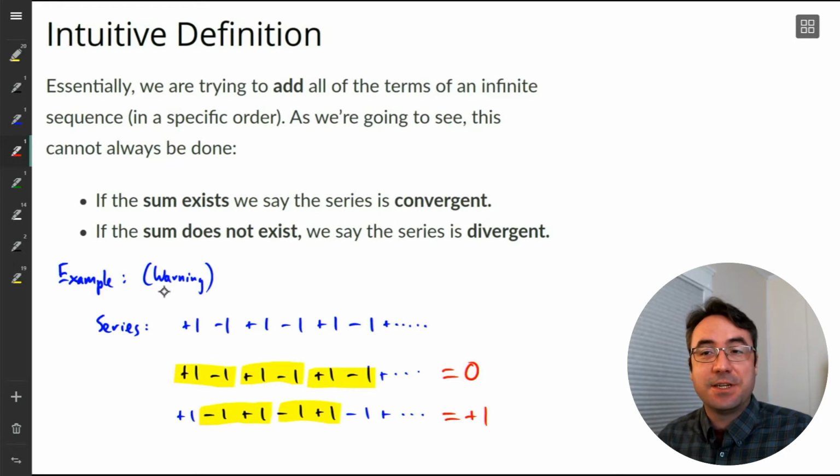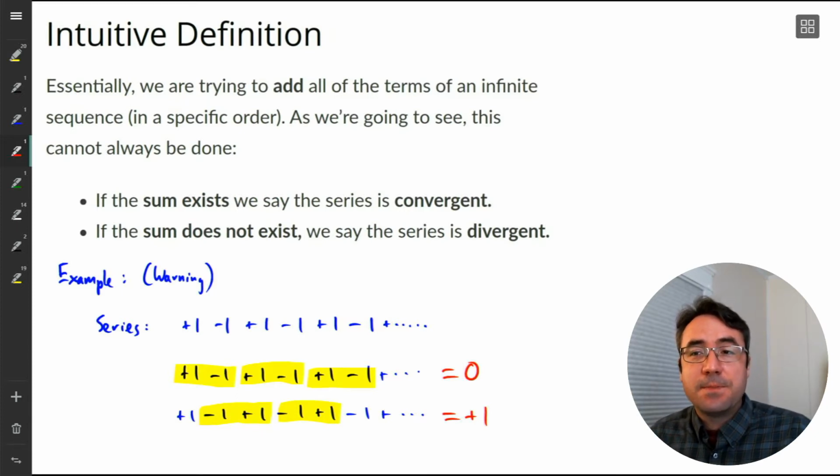This is just a little example of something that we actually can do when we talk about adding up a finite number of terms. But as soon as we start trying to add up an infinite number of terms, how we group things and all the usual rules that we use might not work out like we expect.